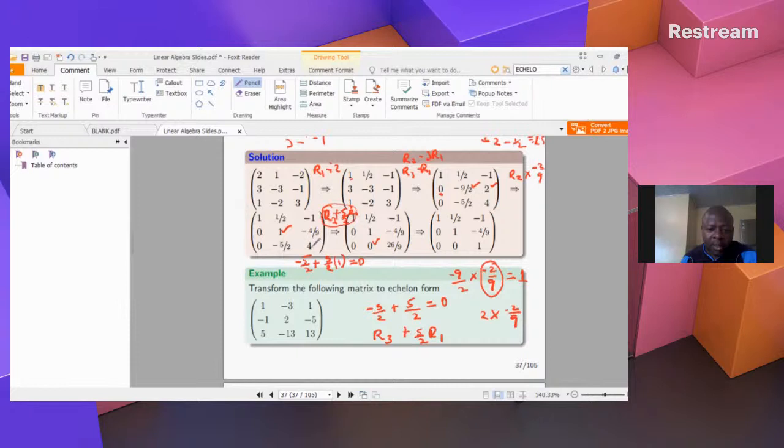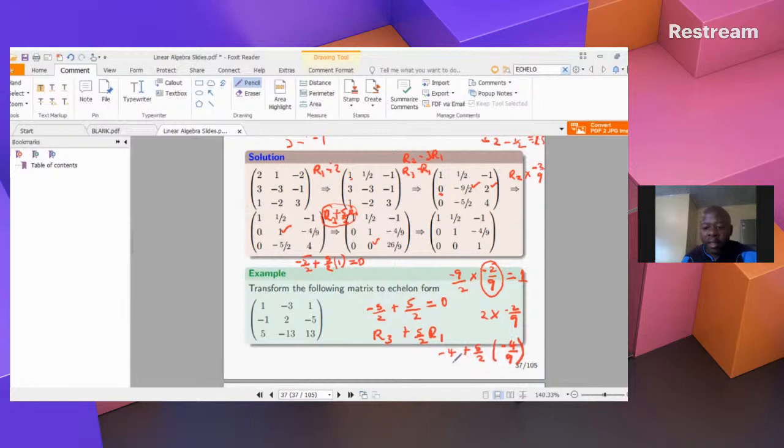Now I come to this second one. What I need is 4 plus 5 out of 2 times row 1. But the element in row 1 is negative 4 out of 9.